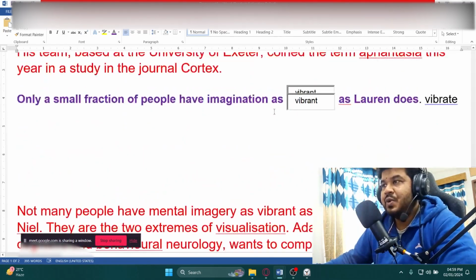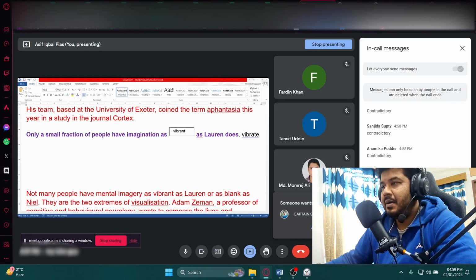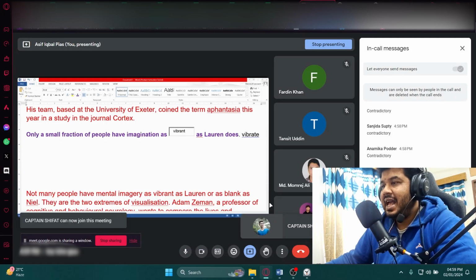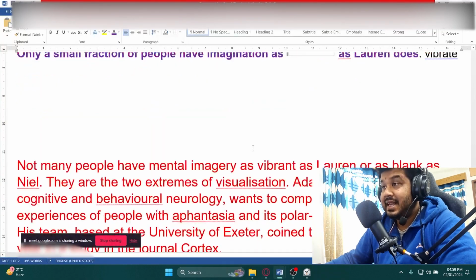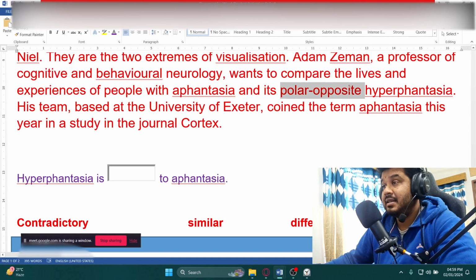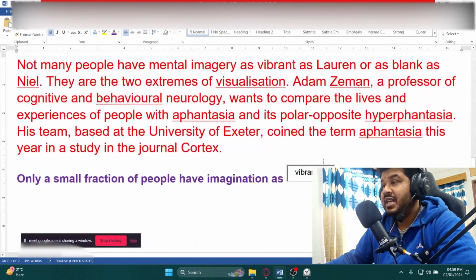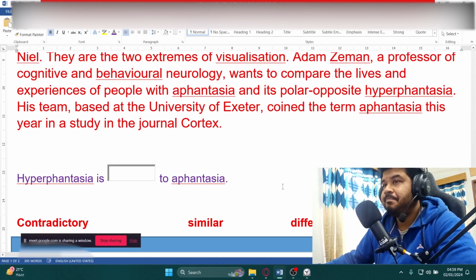One is without clues: you don't know the answer, you find the answer and then you write the answer. That's simple. The second type is where you have to find the answer, but at the same time you cannot write that answer. You have to choose one from the options. So this is with clues. This is sentence completion or gap filling without clues, and this is with clues.